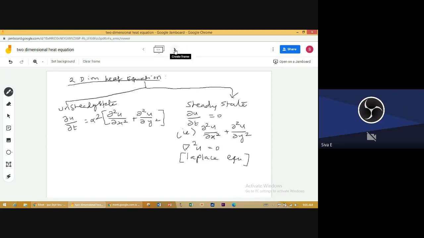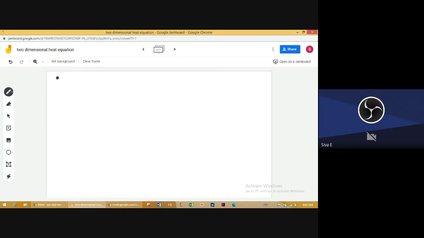Next, we are going to find the possible solutions of the two-dimensional heat equation.